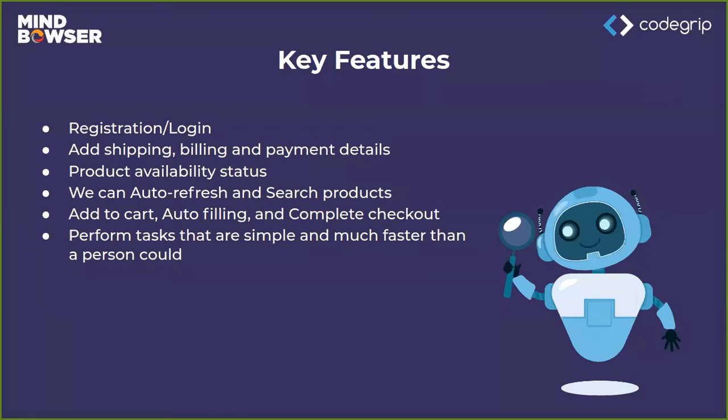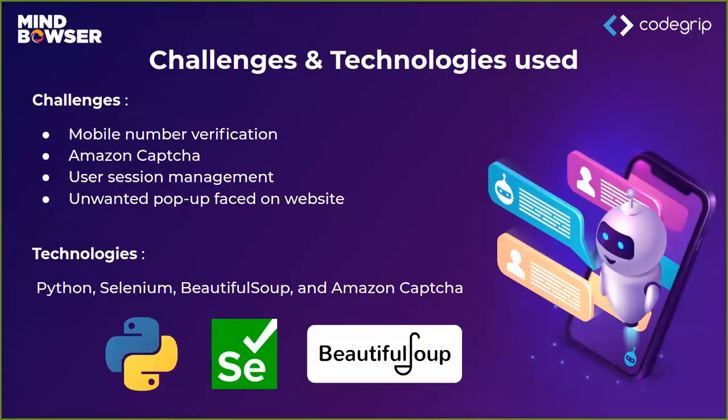This comes under autofilling forms and the complete checkout process. And the next feature is that the bot performs tasks simply and much faster than a person could. So this is about the key features. Adisa, can you please move to the next slide?